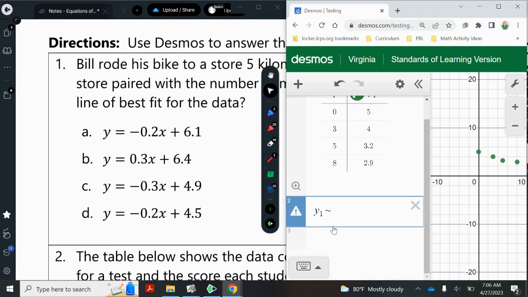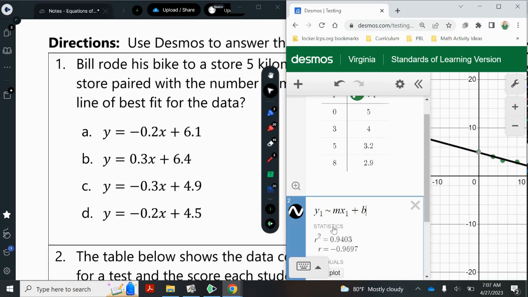That's an approximation symbol. You could call it a little squiggle. Then we have m, which will stay normal. X will need a subscript of 1. So after X, just type in the number 1 and it will automatically subscript for you. And then we need to hit Shift plus to get that plus sign and the letter B.